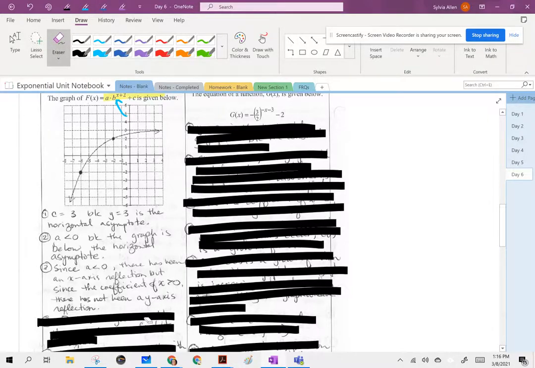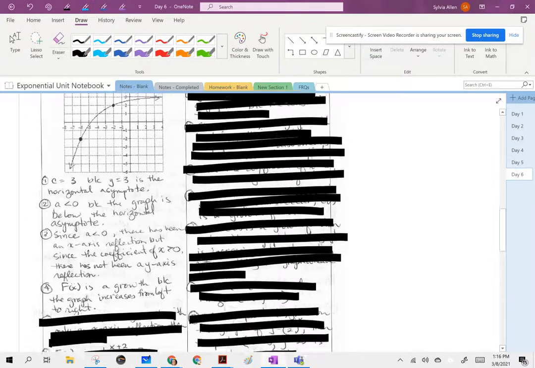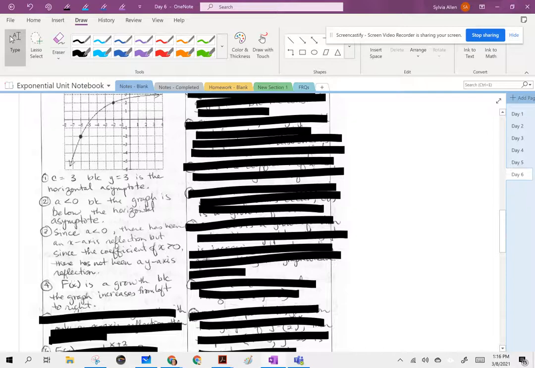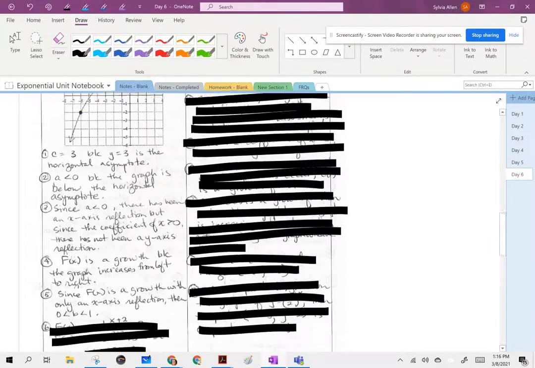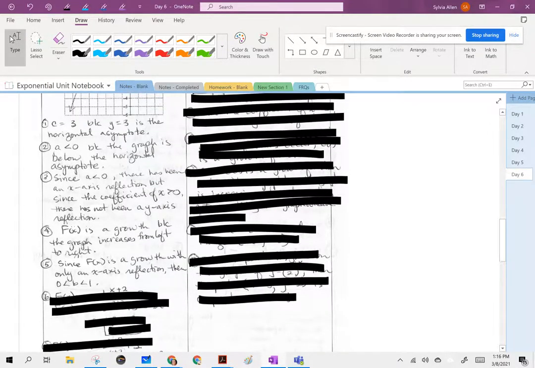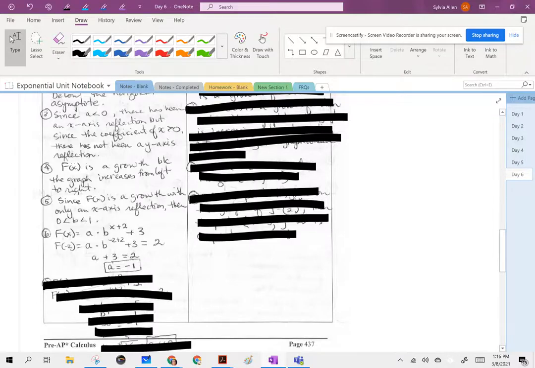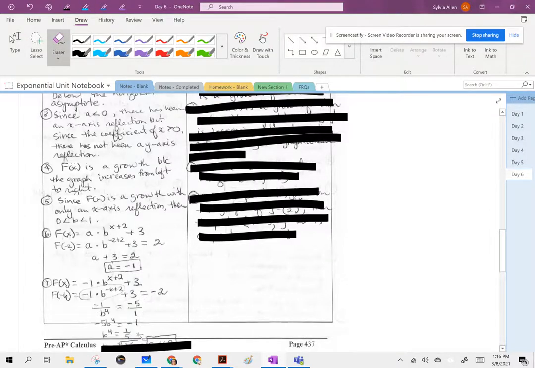Since it's growth with one reflection, then that means that my B value, well, here they're telling you it's growth, right? Because it's increasing from left to right. But let's take a look at our B value. We know it's growth, and there's been one reflection, then that means B is in between 0 and 1. We can at some point try to figure out what our A value is. We can also figure out what our B value is.